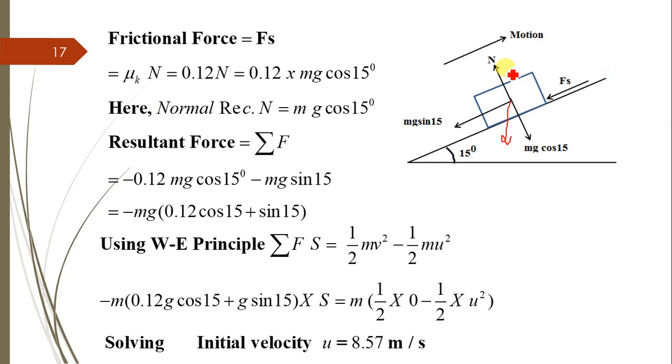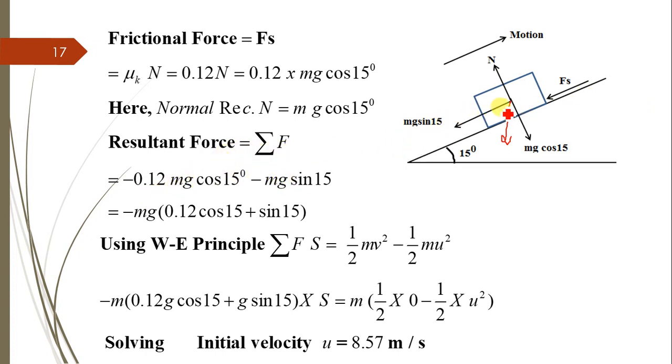mg cos 15. This is determined by considering the summation of forces perpendicular to the inclined direction, that is summation of Fy equals 0. Then N is equal to mg cos 15. Therefore the resultant force F along which the displacement occurs is minus 0.12 into mg into cos 15, that is the friction force mu into N. As we know, friction force is always opposite to the direction of motion, so minus.